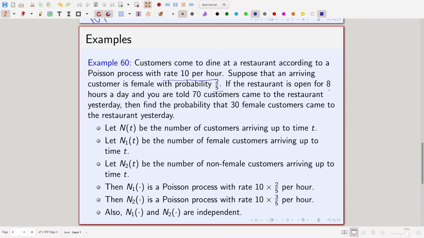So, if the restaurant is open for 8 hours a day and you are told 70 customers came to the restaurant yesterday, then find the probability that 30 female customers came to the restaurant yesterday. So, you are being asked about some conditional probability. What is the information that you are given?